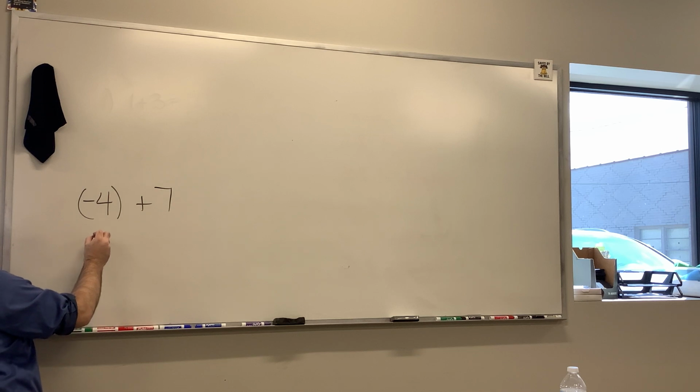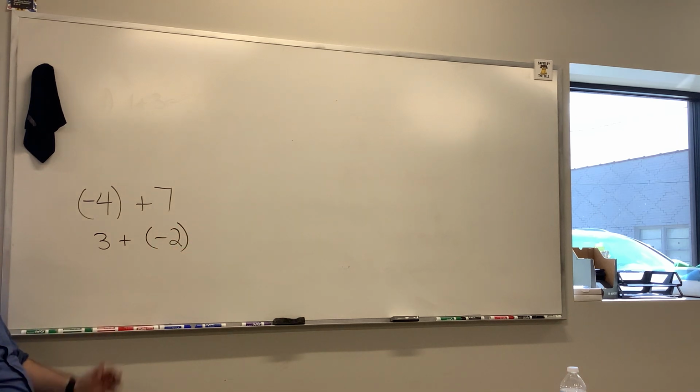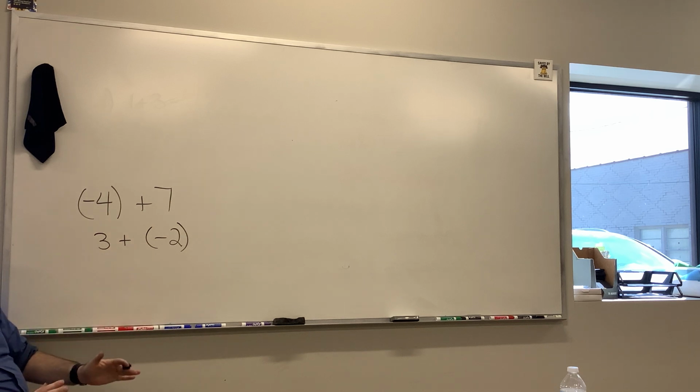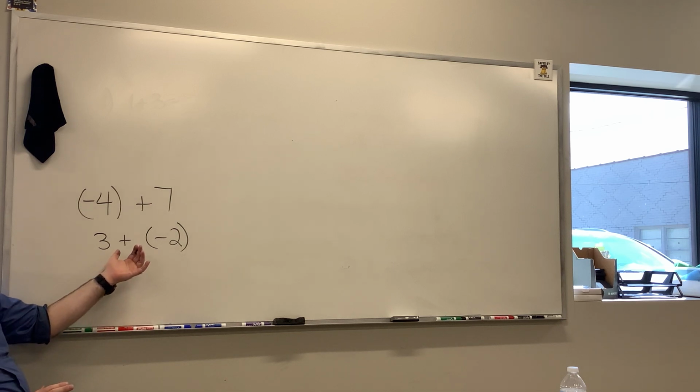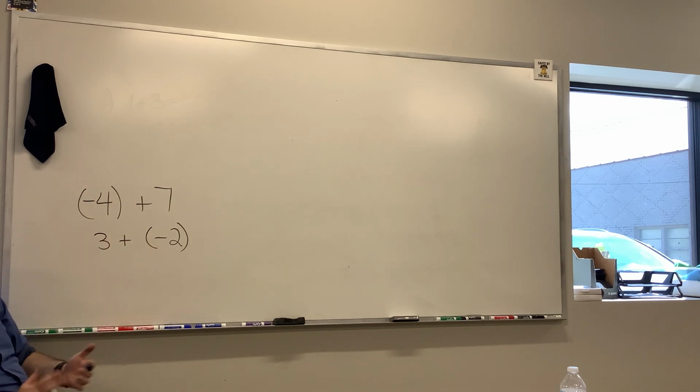It could have been 3 plus -2, okay? Now in this case, we've got a sign outside. Parentheses was used on the first one, parentheses used on the second one. They're going to have them all different ways.